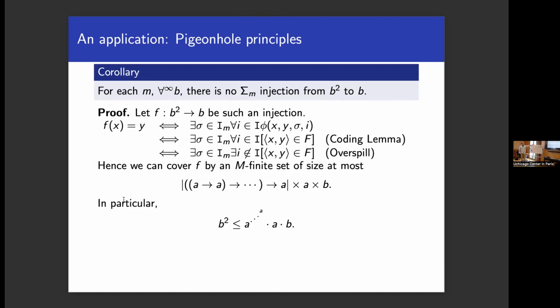Suppose we have a definable injection from b squared to b, then the definition of the definable function takes this form from the previous slide. And then because everything here is bounded, x, y are bounded in this case by b squared and b, this thing is bounded.